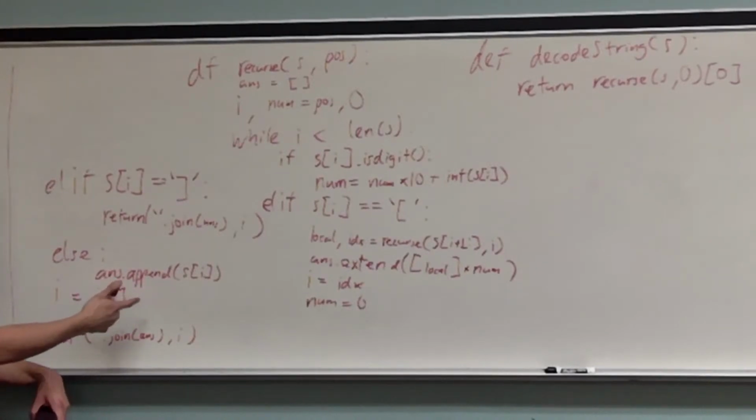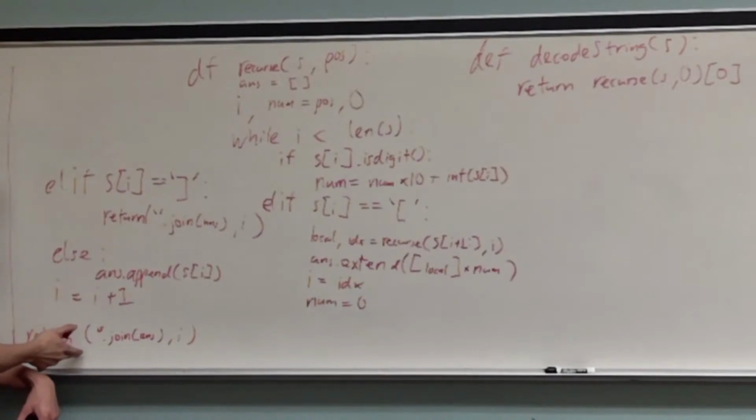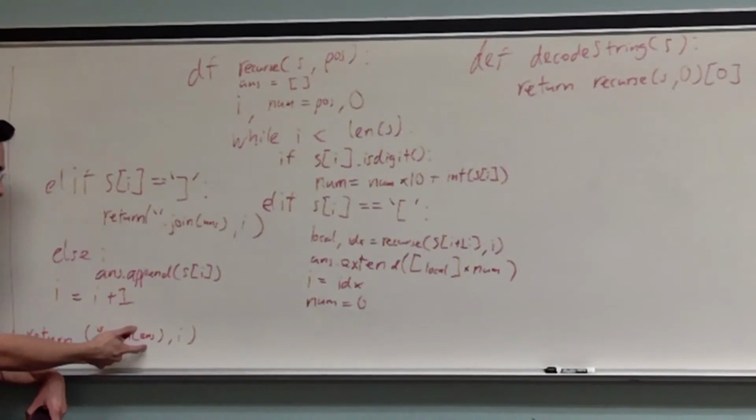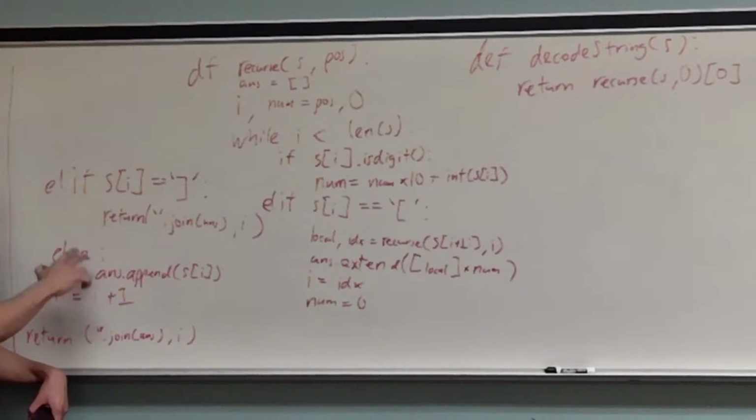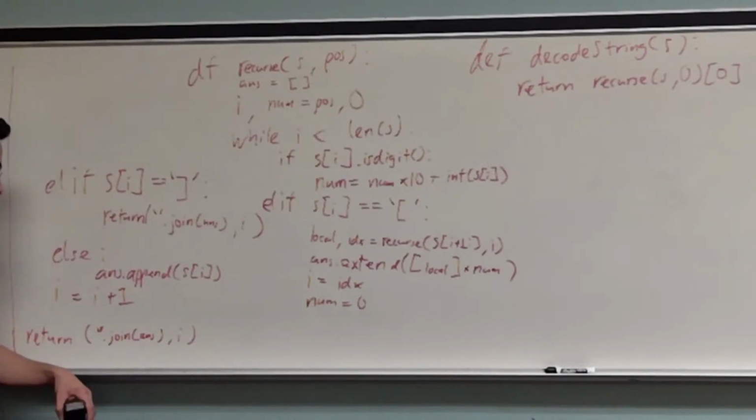We're using it like a push. We push characters onto it. And then at the end, we return empty string join and the array of strings inside. That will give you one big string, because you're concatenating a list of strings.